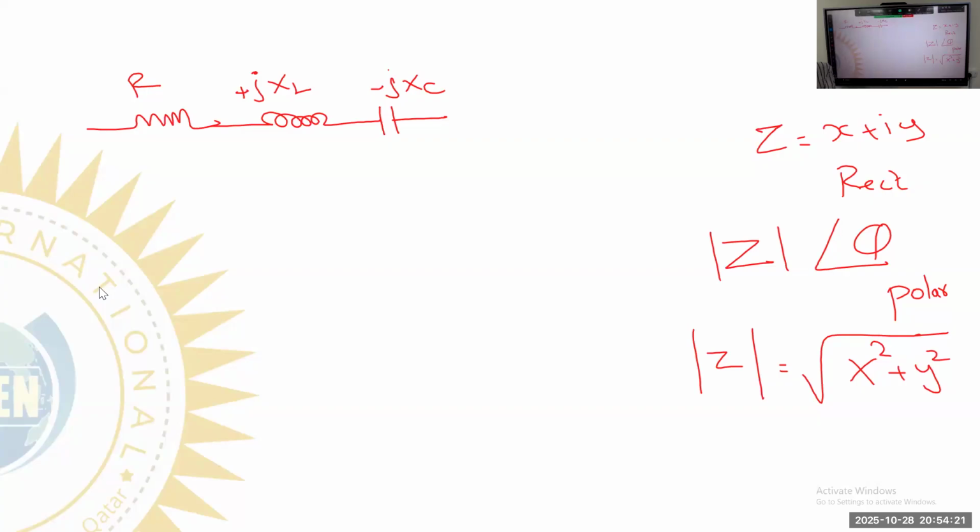So now we apply the same mathematics in engineering. So Z is equal to real component plus imaginary component. The imaginary component we simply denote by X. Or we may rewrite this formula like this.